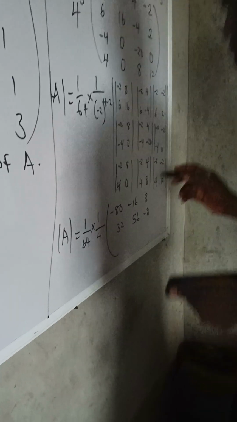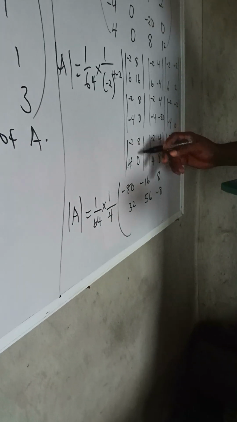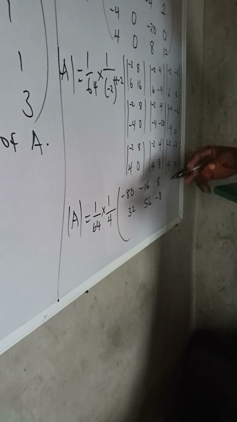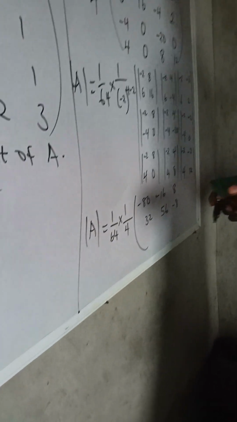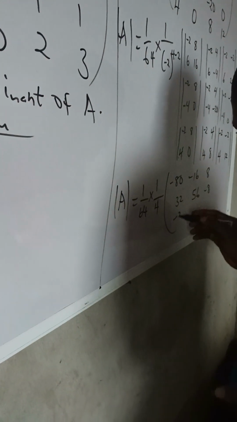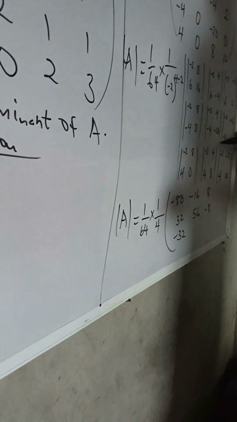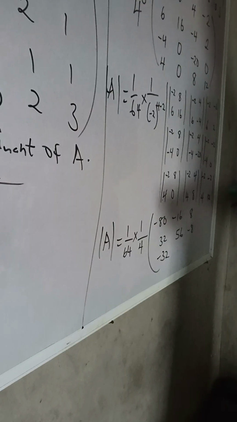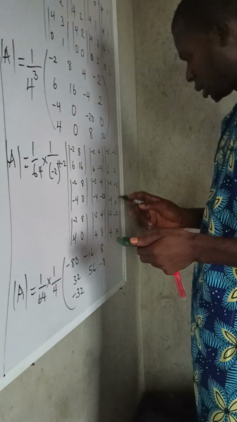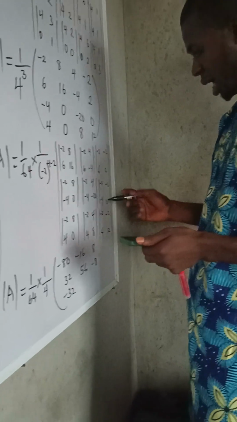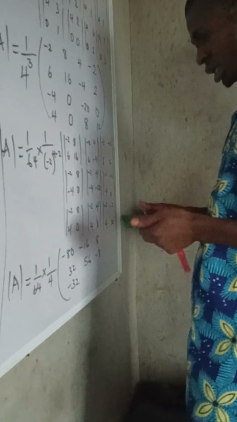Minus 8. And then here we have minus 2 times 0. We have 0 minus 4 times 8, which is minus 32. So here we have minus 2 times 8. We have minus 16. Then minus 16 again. That's minus 32.